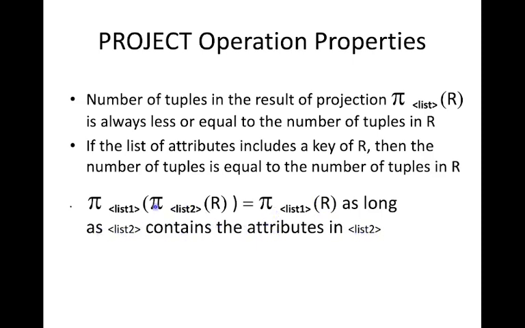I will say when these two projections will be equal. So if we have two lists like this, it is equal to list 1 as long as list 1 contains list 2. So this is equal to list 1 if list 1 contains list 2.